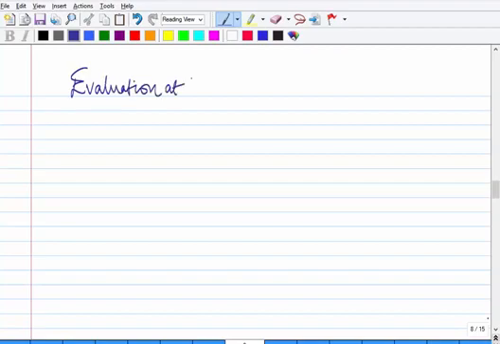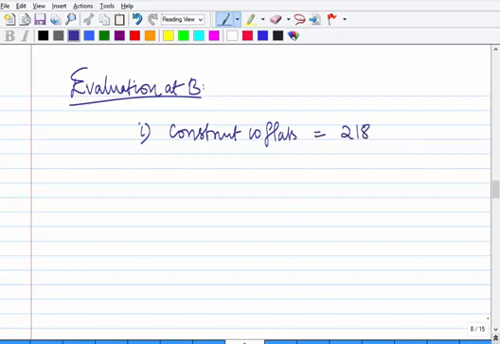We'll write evaluation at B. So in case of evaluation at B, which happens to be a decision node, you have to select the highest. So what is the choice in front of you? Construct 10 flats. If you construct 10 flats, what is the net benefit? 218. And the alternative is construct 15 flats and the net benefit is 202.